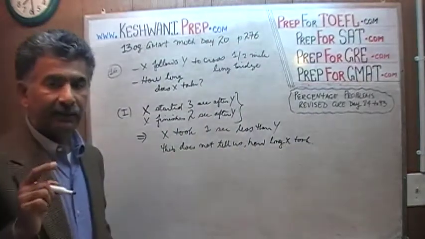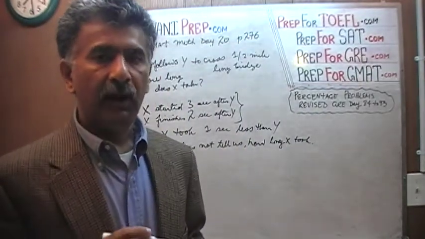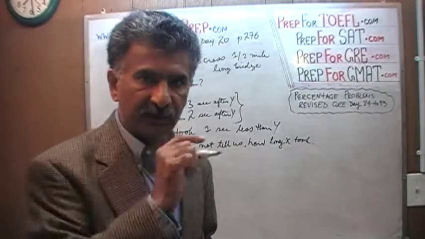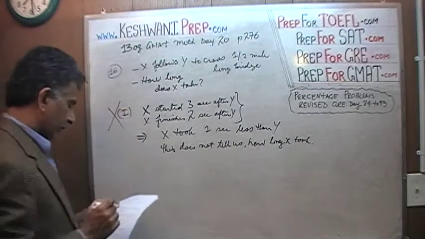All we know is that X took 1 second less than Y, but there is no way of telling how long exactly X takes to cross the entire bridge, which is what the question is. So statement 1 is no good.